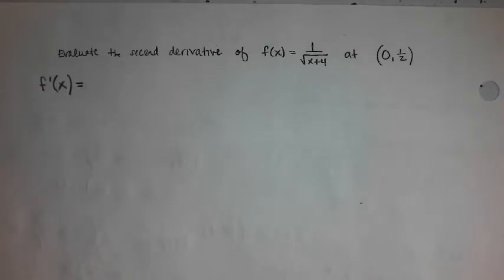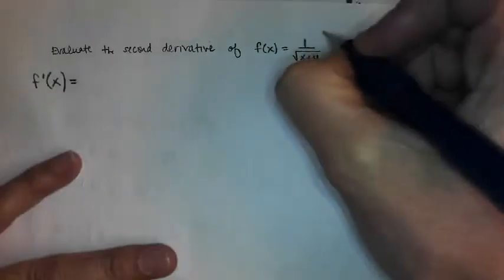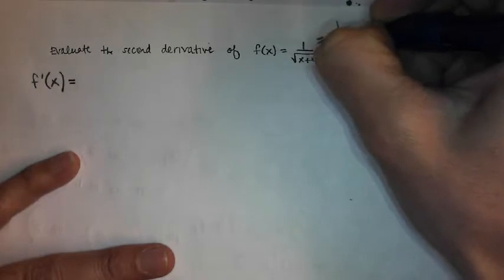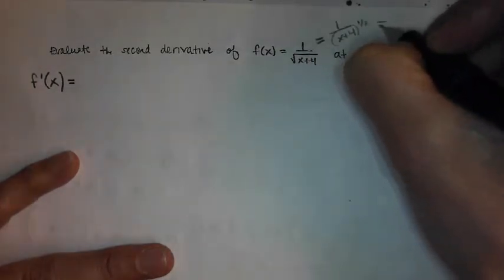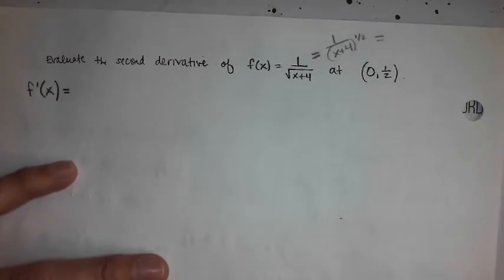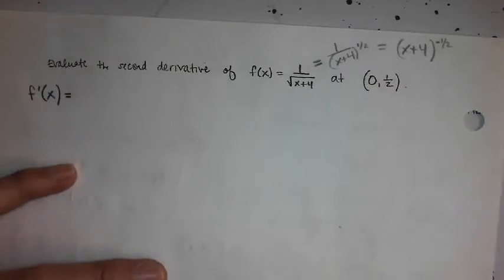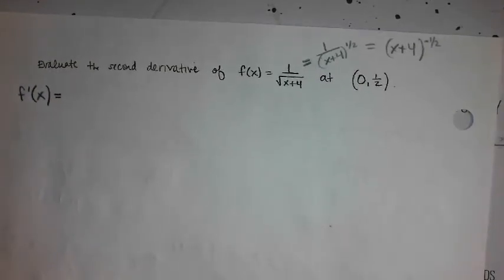Liz, get me started. Something to the 1/2. Then I would rewrite it as x plus 4 to the negative 1/2, so you get rid of the fraction altogether. I think that's smart. Follow? Are we good here?